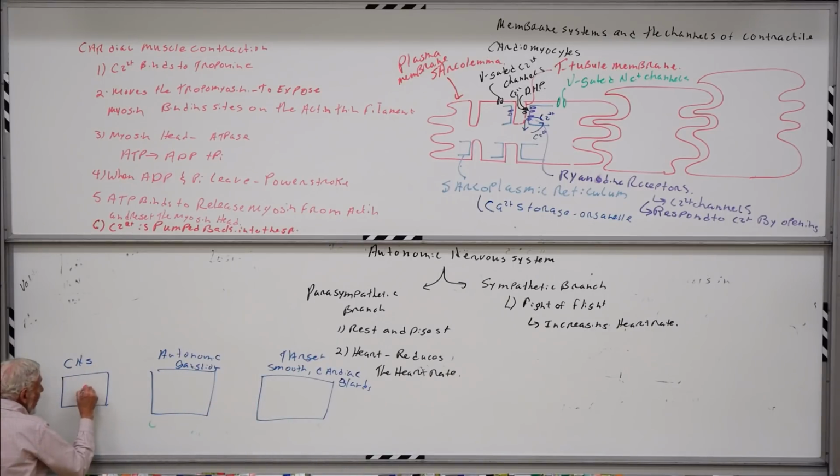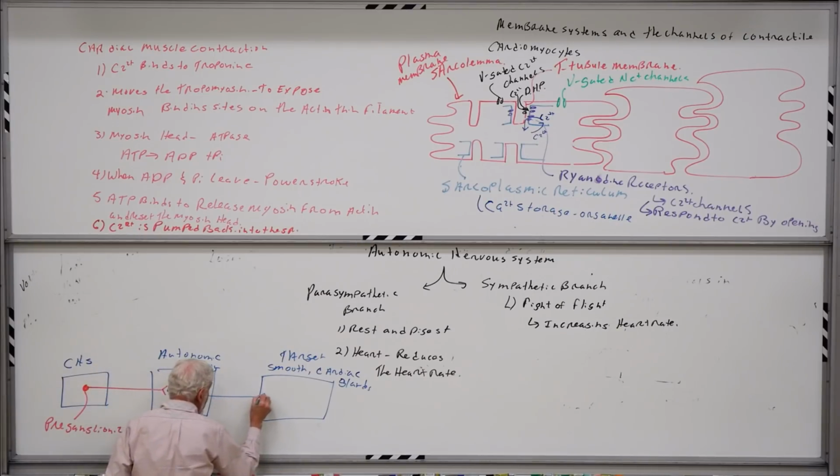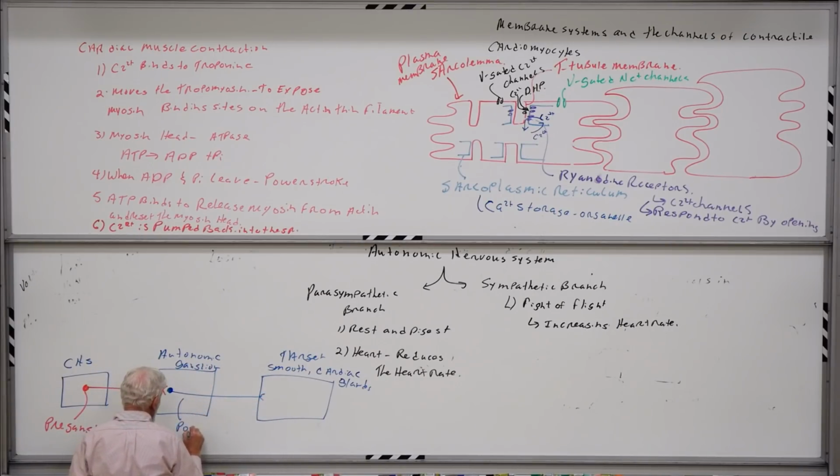This cell here, known as the preganglionic neuron, always has its cell body in the central nervous system, always sends a process out to the periphery, always forms a synapse in the periphery onto a postganglionic neuron.